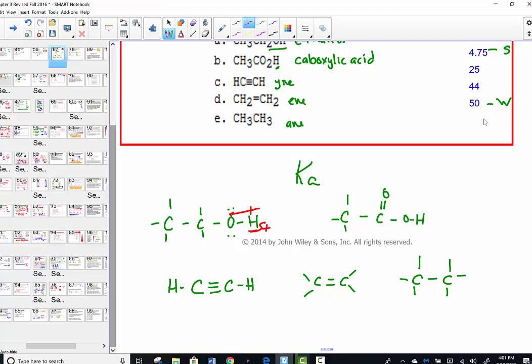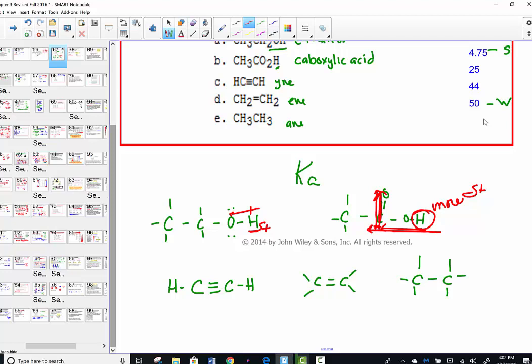However, when I compare that to the C that's attached now to another oxygen, the electron density is being pulled even further away from the acid proton, and I would say that this is even more positive. Again, the induction, the pull away from the hydrogen, is greater because of the carbonyl functional group on the oxygen.